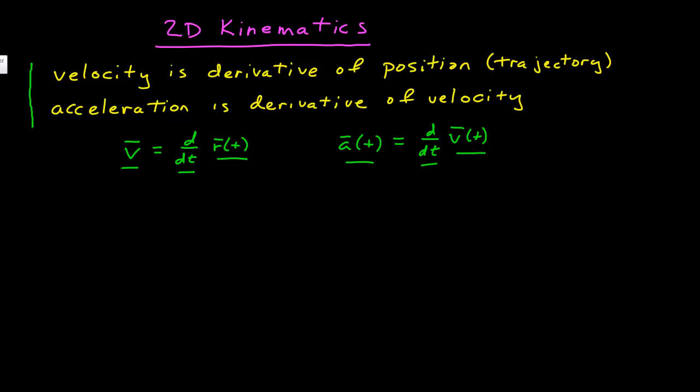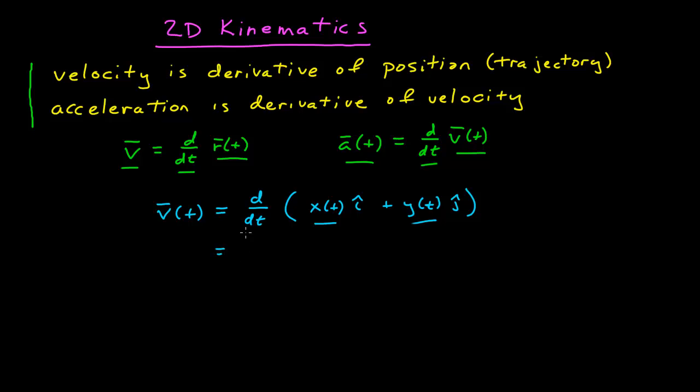And so briefly, if we just write this out quickly, I have a velocity, and I'm going to differentiate the position trajectory, which I'll write in component form. That has some x component that's a function of time and a y component that's a function of time. And then the i and j are the unit vectors.